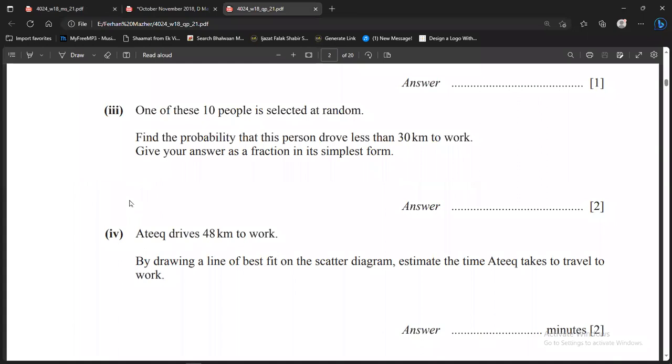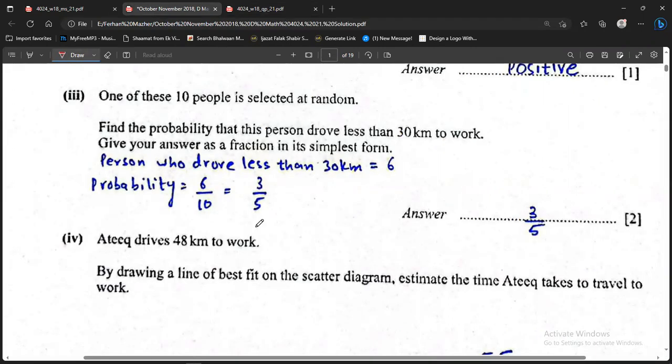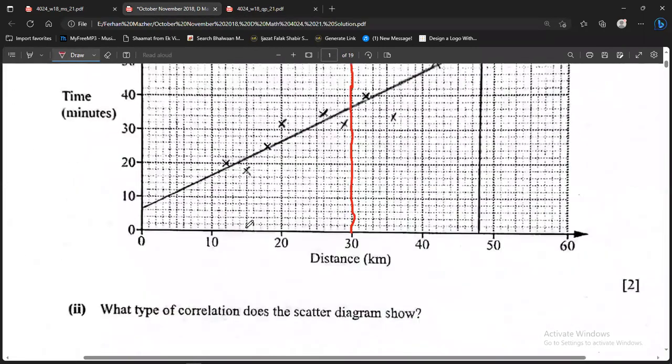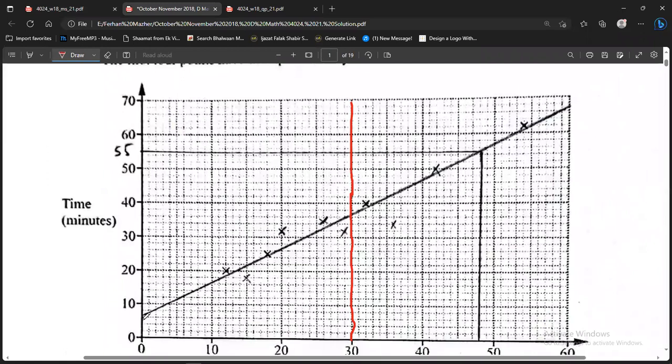Okay. Then he says, Atik drives 48 kilometers to work. By drawing the line of best fit on the scatter diagram, estimate the time Atik takes to travel to work. Here we have the line of best fit. We draw the line of best fit in such a way that the points above the line and the points below the line are almost equal to each other.